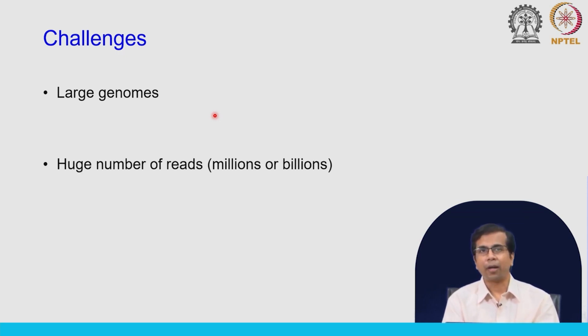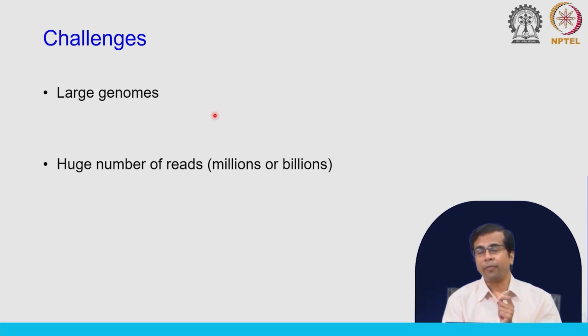Then you have a huge number of reads. So, when we were discussing the NGS technologies, we looked at the throughput, the number of bases that we get from each experiment in those platforms, and these reads are in millions or billions. So, in today's experiments you can get billions of reads quite easily.